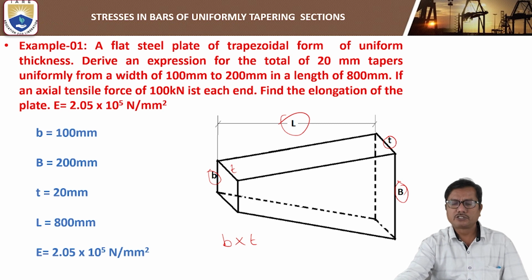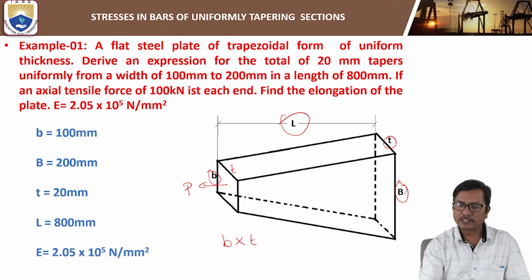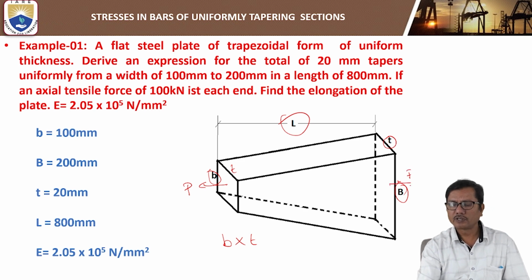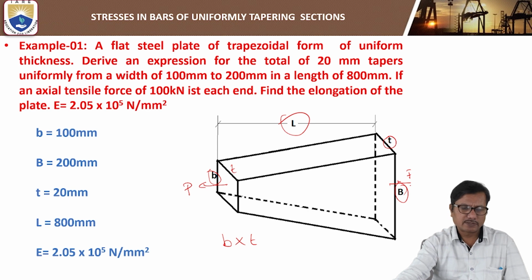If the axial tensile force is 100 kilonewtons at each end, find the elongation of the plate.